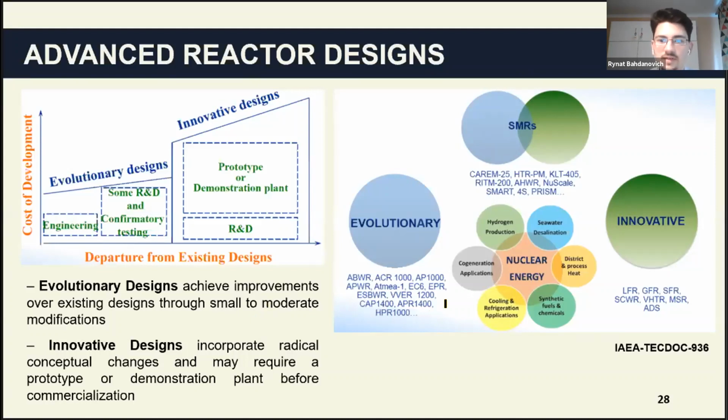Also, a very promising concept of reactors is SMRs, small modular reactors, which are promising because of low upfront costs. Also, they are quicker to build and easier to build.